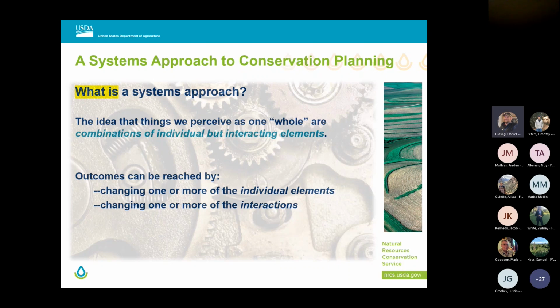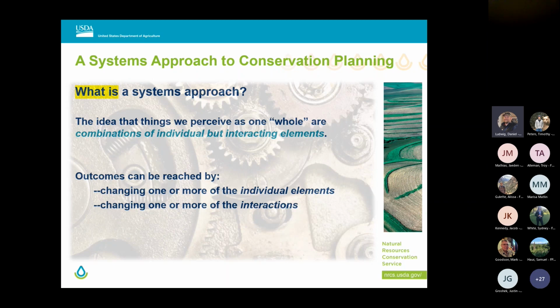Okay, so what is a systems approach? Kind of mentioned it first thing here this morning, but that system is a bunch of pieces working together. So the idea that things we perceive as one or whole are combinations of individual but interacting elements. So again, thinking about when we're doing our conservation planning, we have practices that interact with each other that will treat a resource concern.